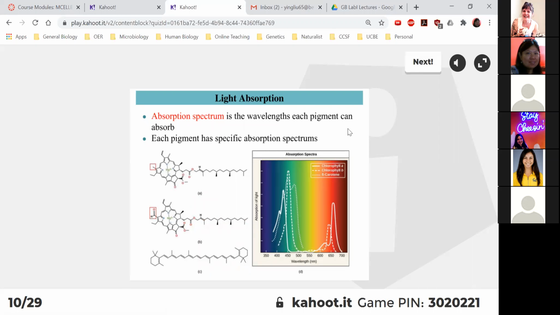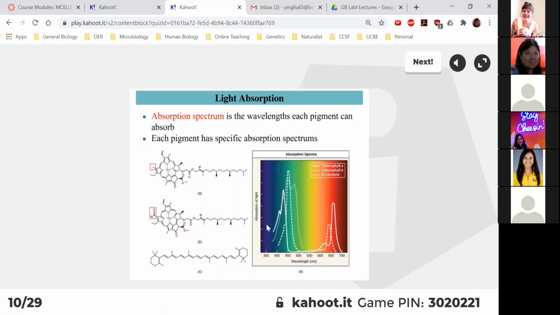So what is the absorption spectrum? That's literally the wavelengths a particular pigment can absorb. The way you measure that is, if you have a solution of chlorophyll A, for example, you put it into a cuvette and use a spectrophotometer.